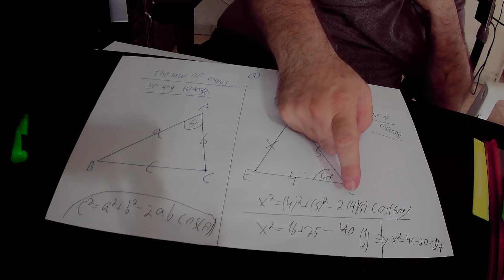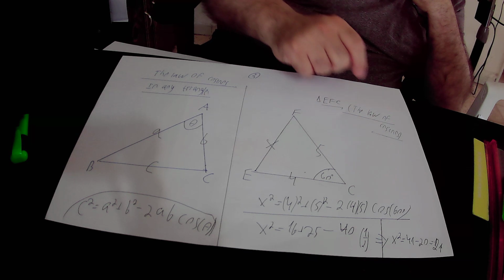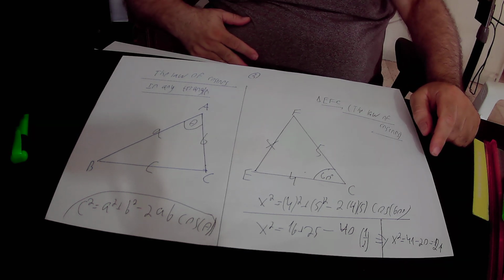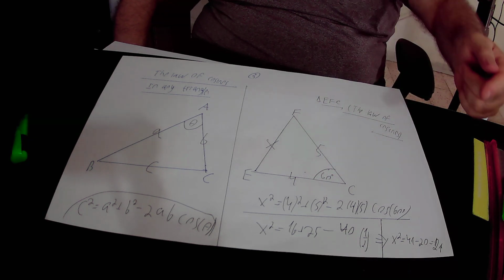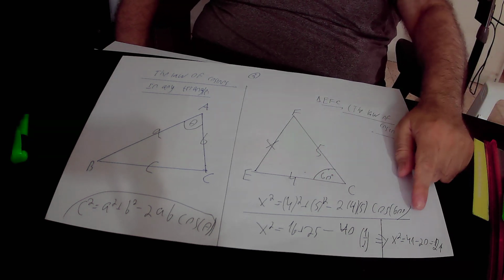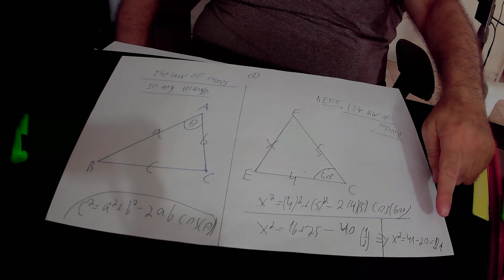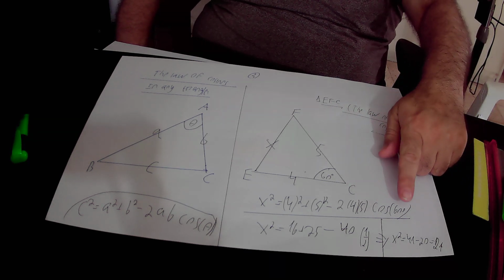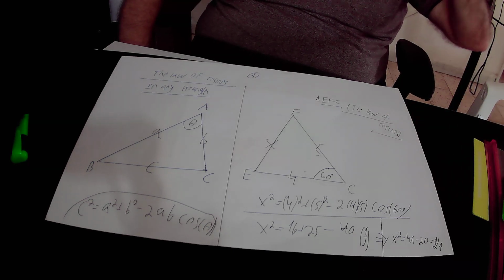So this expression equals minus 40 times 1/2. Here x squared equals 16 plus 25, which is 41, and minus 40 over 2 is minus 20. So x squared equals 41 minus 20, and 41 minus 20 is 21.